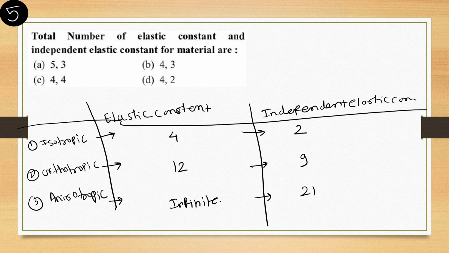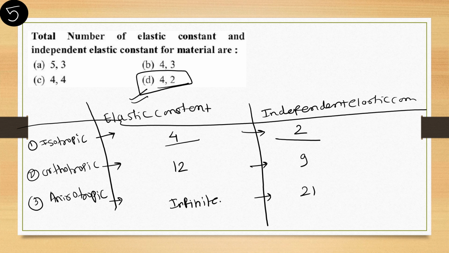Here they ask the total number of elastic constants and independent elastic constants for a material: 5, 3; 4, 3; 4, 4; and 4, 2. Here this 4, 2 is matching. So the elastic constants and independent elastic constants are 4 and 2. So option number D is correct.